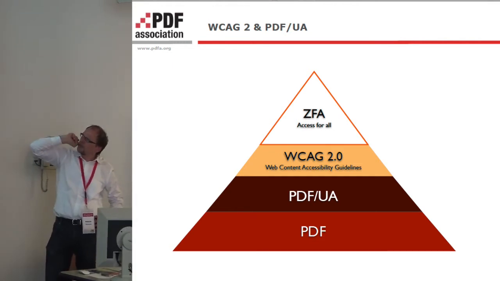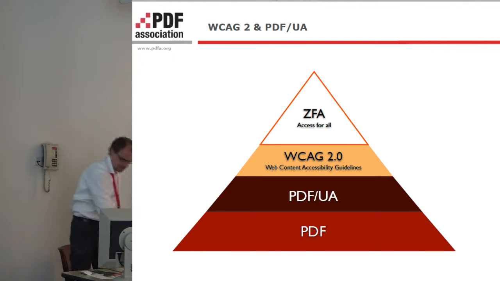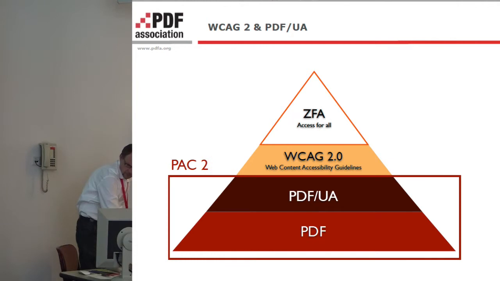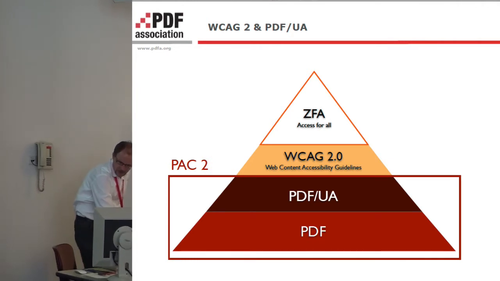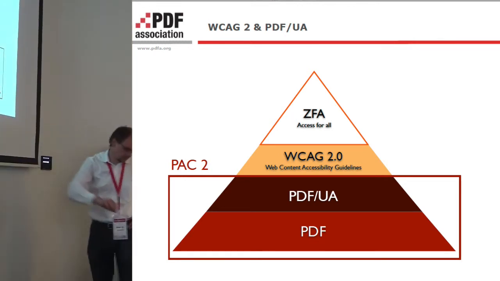And on top, there will be usability for people with disabilities. And we have a checking tool, the PDF Accessibility Checker 2. This will be able to check these two levels.